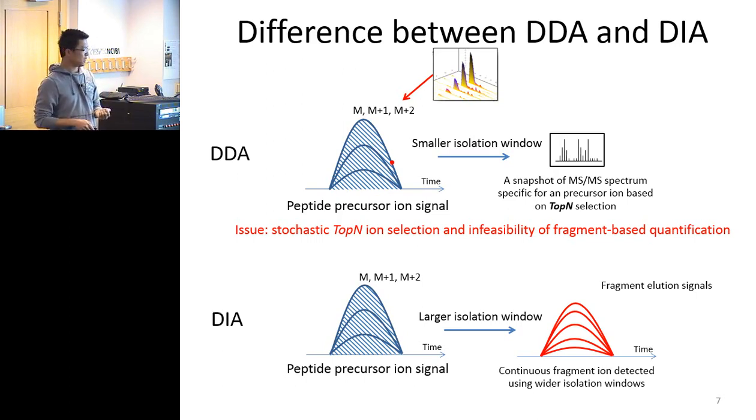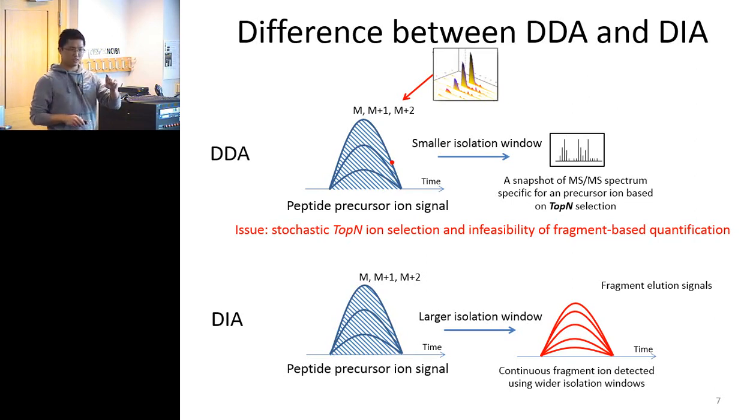But the challenge, like we mentioned, is that in data dependent you use a very tight window, so you can be more sure that this MS/MS spectrum, all the fragment signal here, all the peaks here actually come from this peptide.